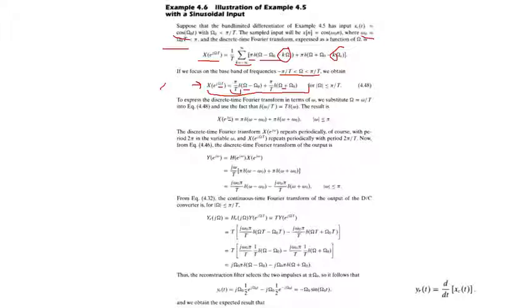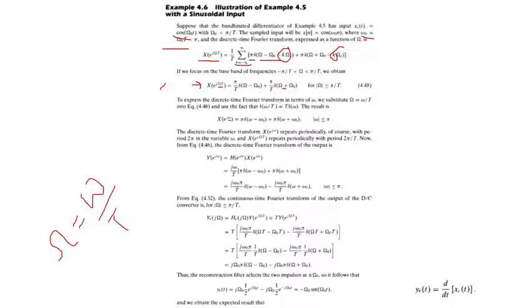So we know that there is a property of impulse which I have already shown you. When we replace this capital omega, what we have to do, we have to multiply, this will happen. We know that capital omega is equal to omega by T. So when we have delta of omega by T, this is equal to T delta of omega.